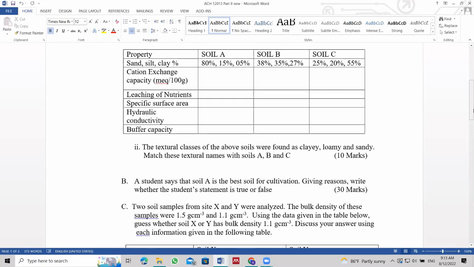Okay, so what is the reason? Leaching of nutrients is high. So which is the best one? B. Okay, then how will you write the reason for this? Because it is 30 marks.